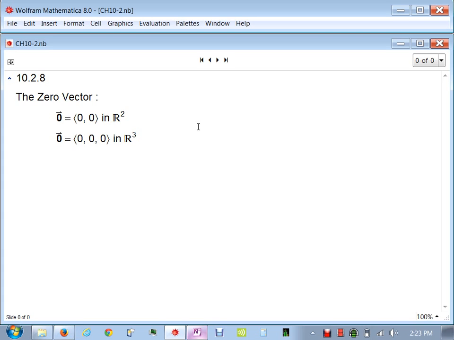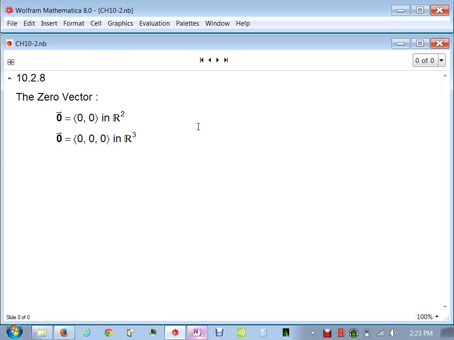That vector, does it have a length? Zero, right? It has a length of 0. So imagine this is a vector and just shrink it down to where it has no length. I mean, it has a length.